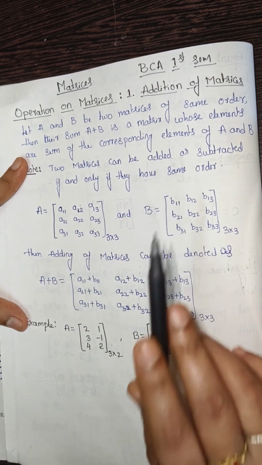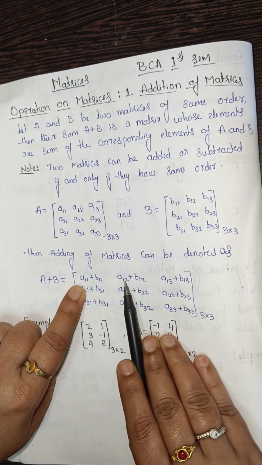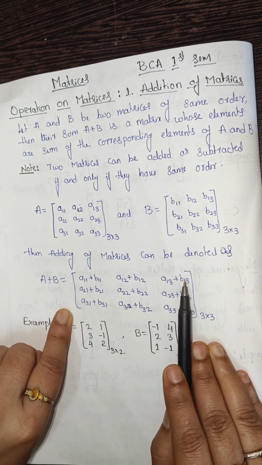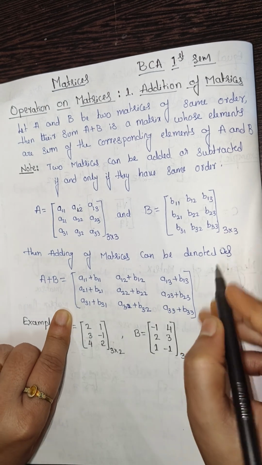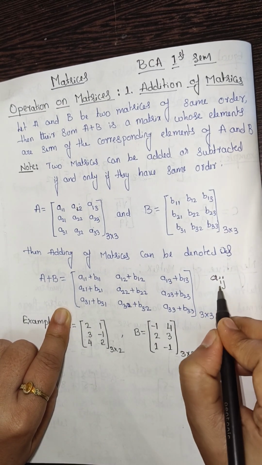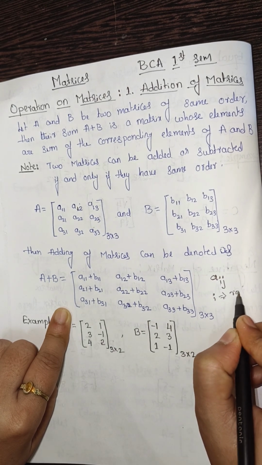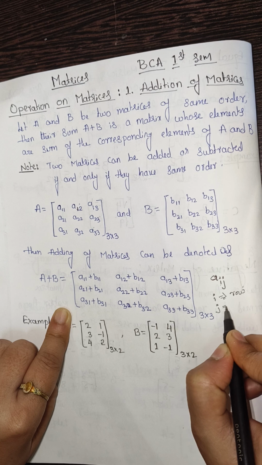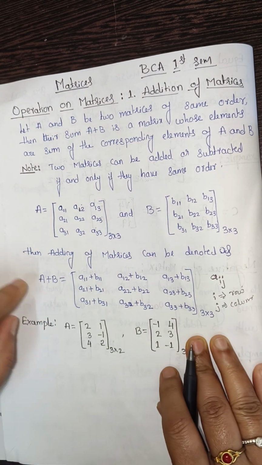So A11 plus B11, A12 plus B12, A13 plus B13. In the form Aij, i indicates which row and j indicates which column.